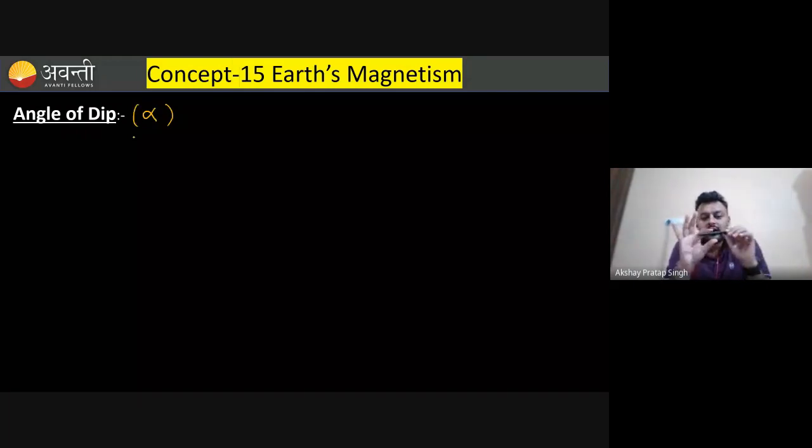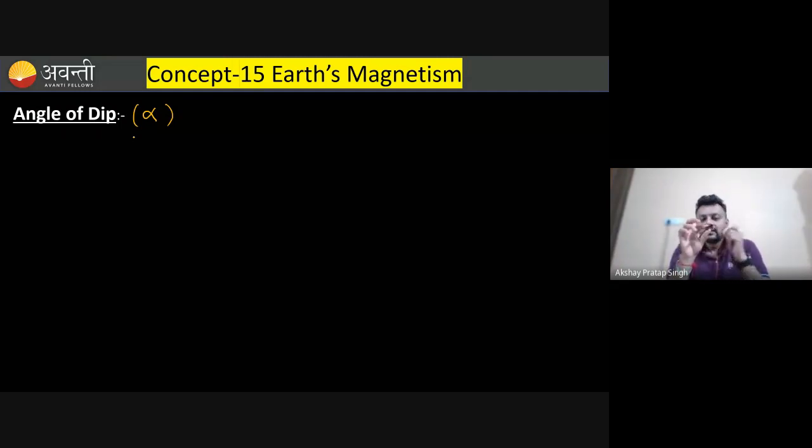You have a compass which is free to rotate in a horizontal plane, and as soon as you suspend it freely, it turns in the north and south direction, the geomagnetic north and south direction. So let's suppose it is aligned like this.